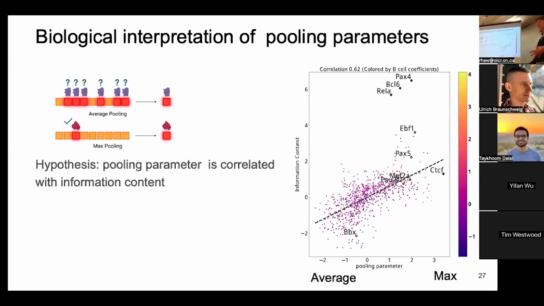It's not perfect, but very much showing the trend that we predicted, that the more information content you have, the more you prefer max pooling overall, right? So the lower information content filters have a homogeneous synergy where you do want to look at multiple sites, multiple weak sites, and add the contributions up. Okay.